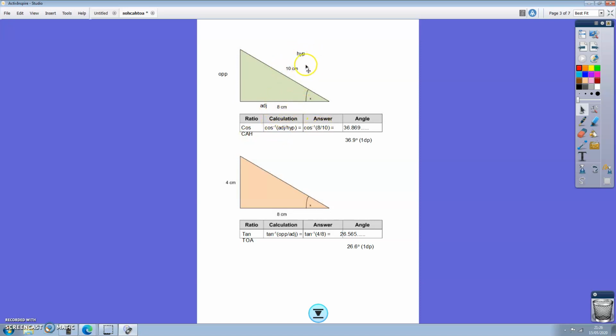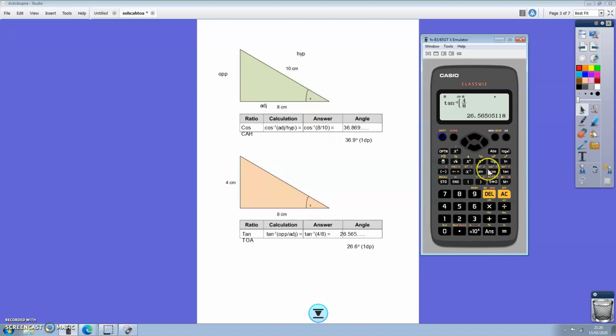Shift cos, 8 divided by 10 equals 36.869 and some oddments. Rounding to one decimal place, the 6 will round the 8 up to 36.9. Remember, it's degrees, and we've rounded it to one decimal place, so we have to put that.